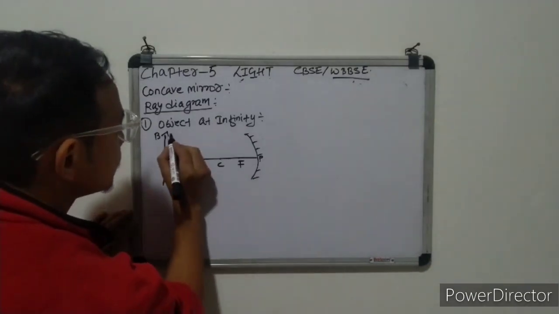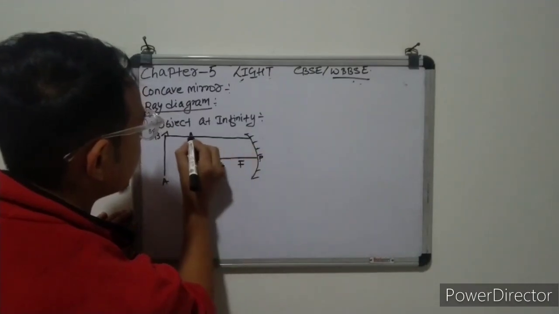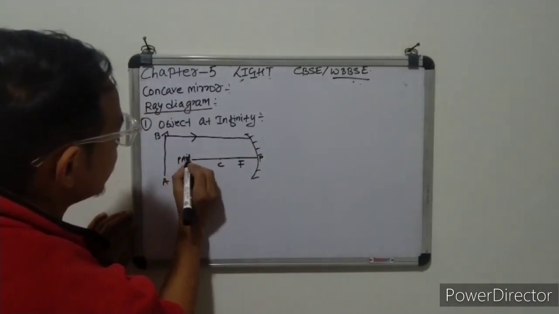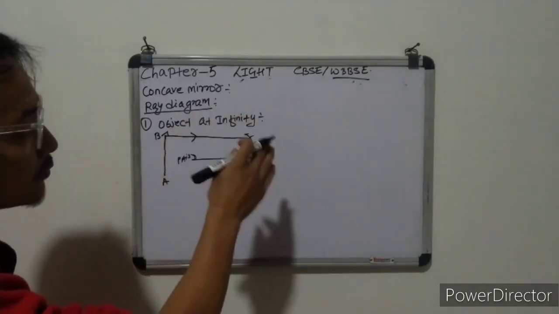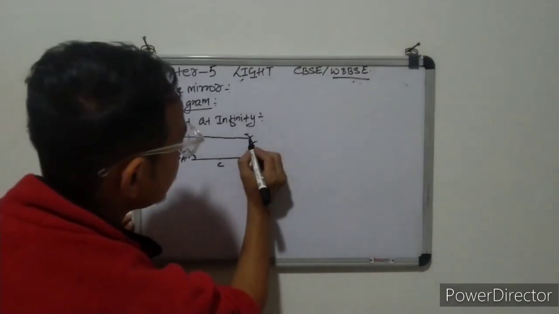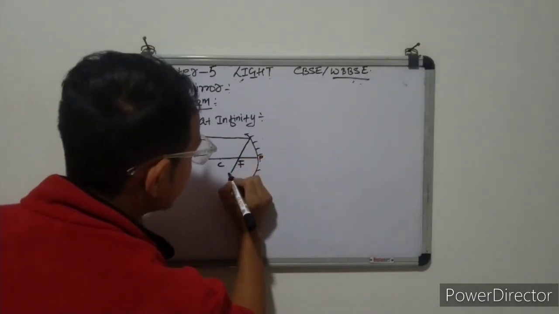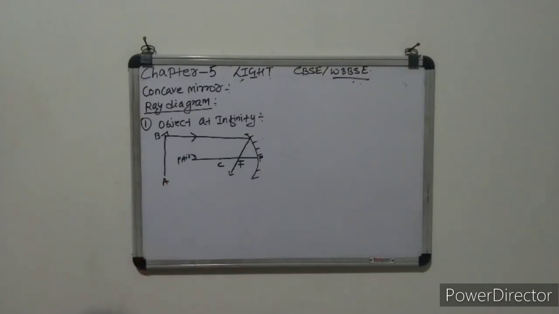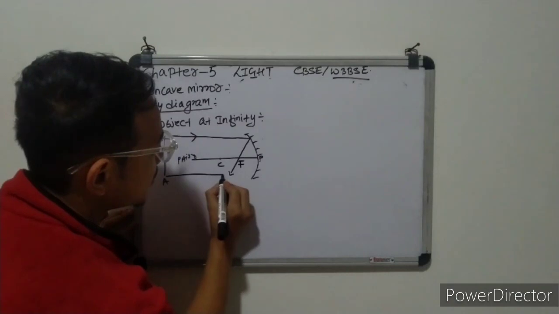So my first option is I will make a ray of light incident parallel to the principal axis. This one is the principal axis, the straight line passing through. The ray parallel to the principal axis, according to rule number 1, will always pass through the focus. And now I have one more option. From A I will draw one more ray.